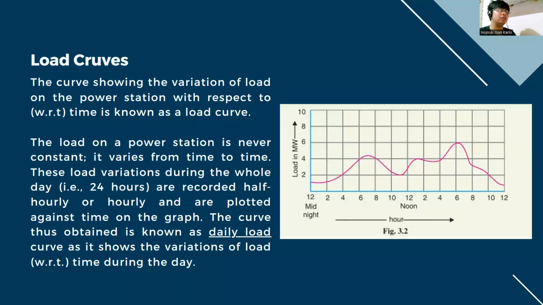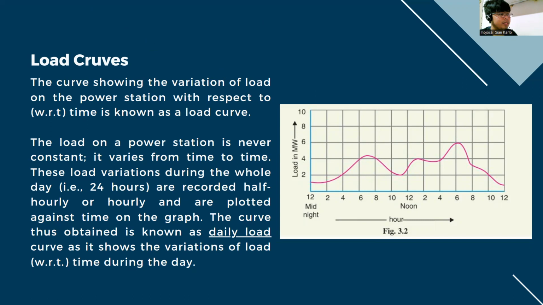So, for our load curves, the curve showing the variation of load on the power station with respect to time is known as a load curve. The load on a power station is never constant. It varies from time to time. These load variations during the whole day are recorded half-hourly or hourly and are plotted against time on the graph.